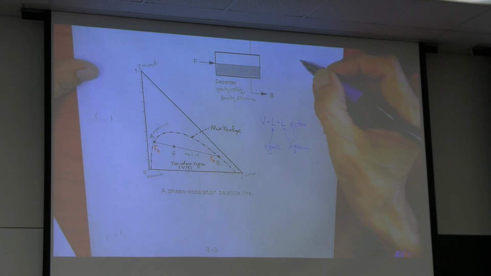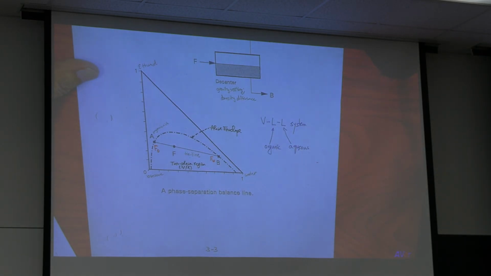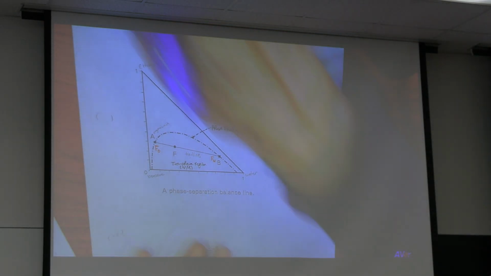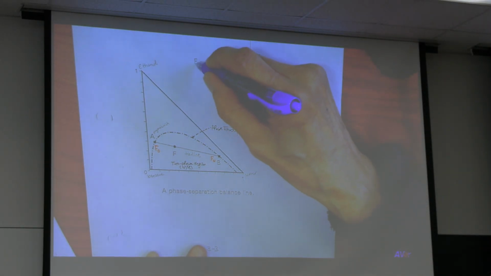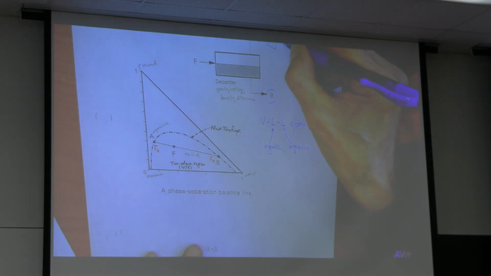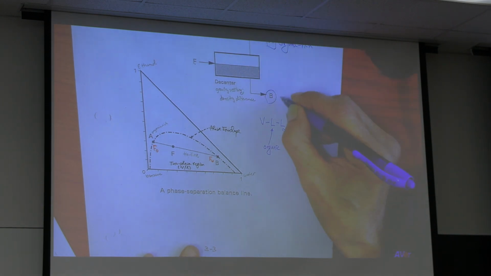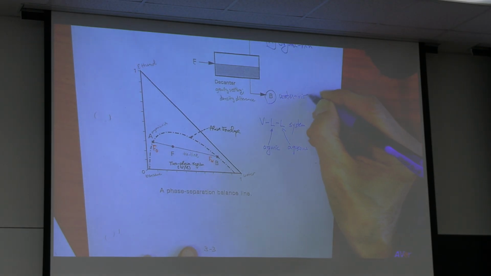You can separate organic layer, water layer, based on specific gravity difference. You look at this, feed, A, B. One is organic rich. The other is water rich.